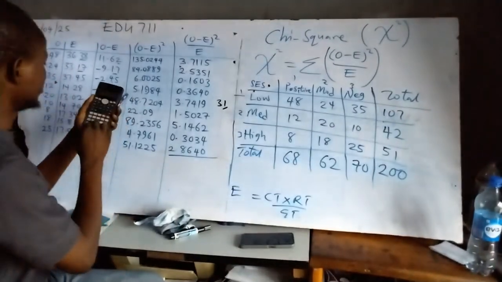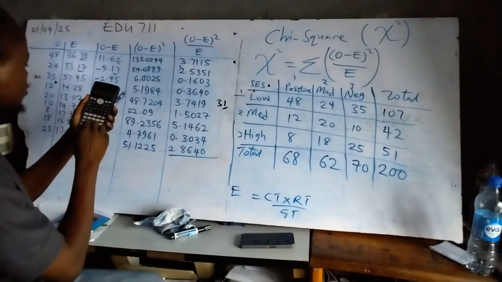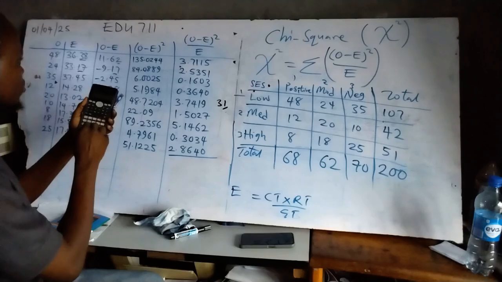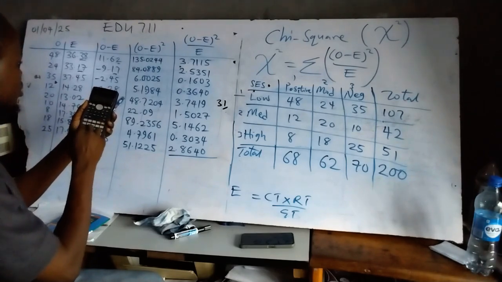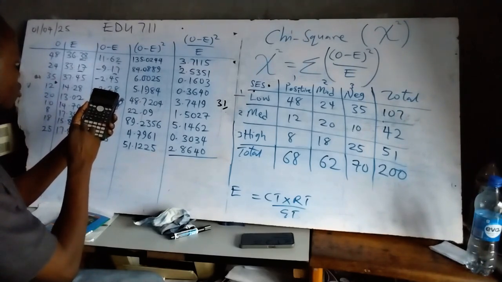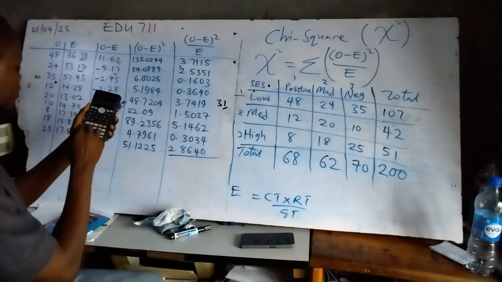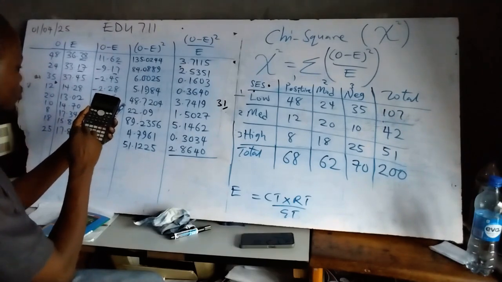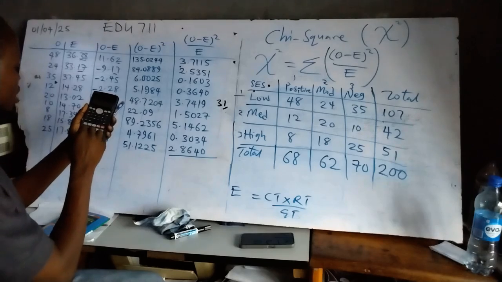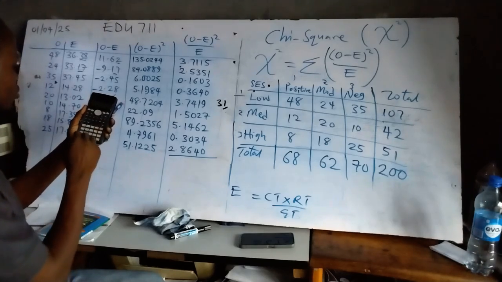So let's see. 3.7115 plus 2.5351 plus 0.1603 plus 0.364 plus 3.7419 plus 1.5027 plus 5.1462 plus 0.3034 plus 2.8640.